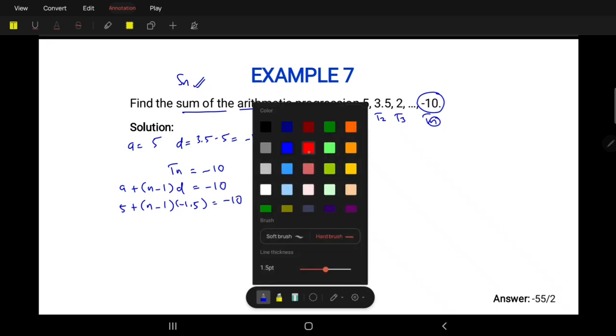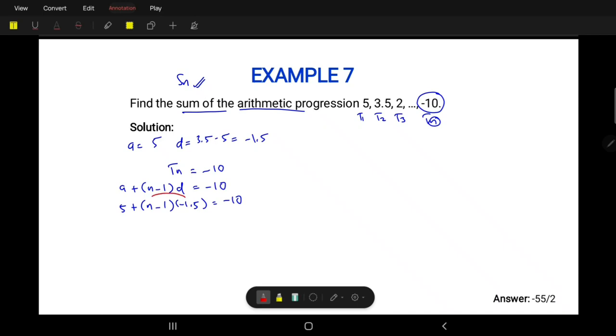Okay, and then what? Expand kan dia ni. So 5 plus, negative positive, it is negative, right? So negative 1.5n. Negative 1.5 times negative 1 is positive 1.5, equal to negative 10.